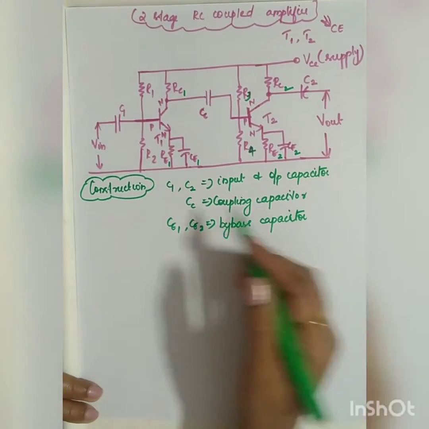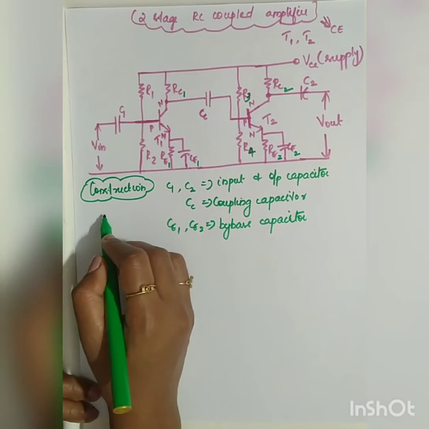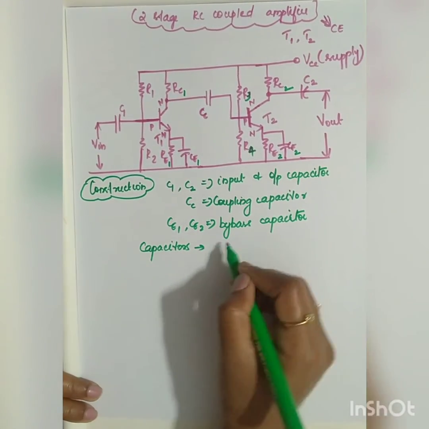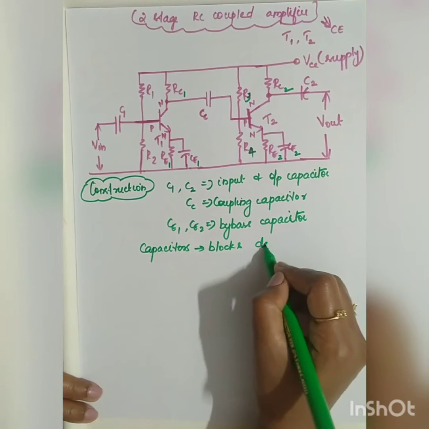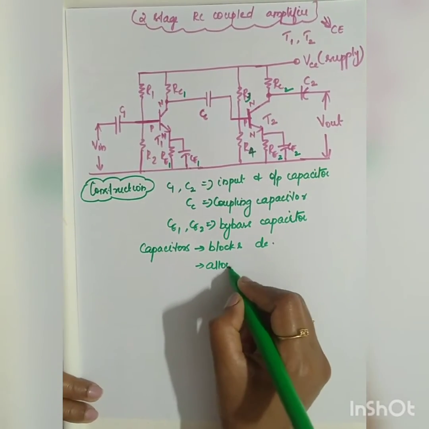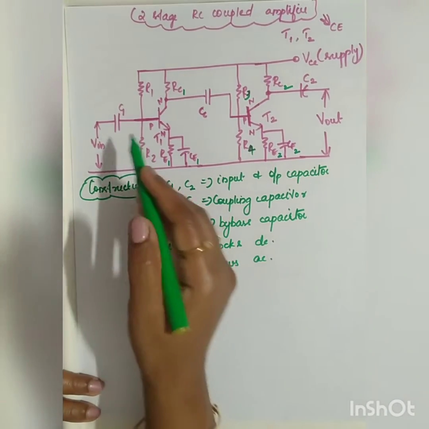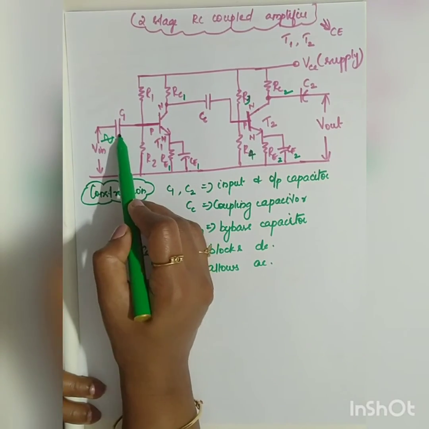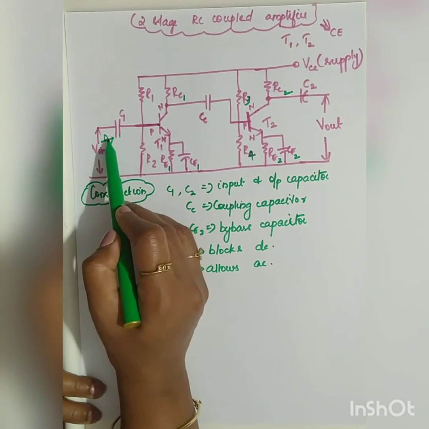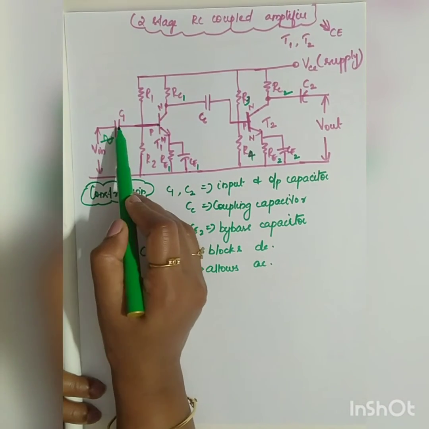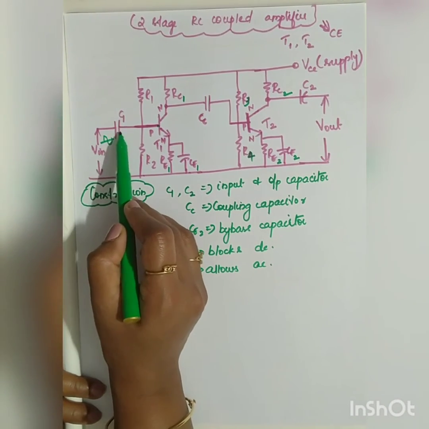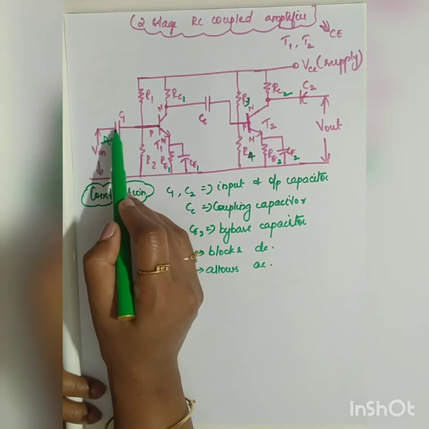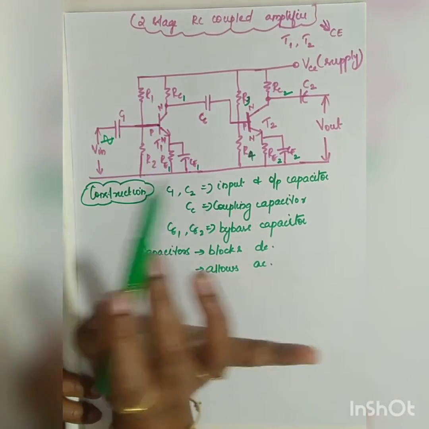Now what is the function of this capacitor? One of the properties of a capacitor is that it blocks DC and allows AC, right? Now see the condition here. Here you are going to apply the input weak signal, which has to be amplified. So the input to the transistor has to be the AC signal. What this capacitor C1 does is, we are interested only in the AC component, so the capacitor will block the DC and it will allow the AC signal to the base.